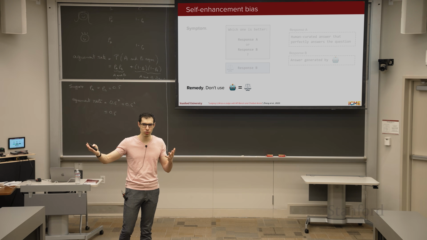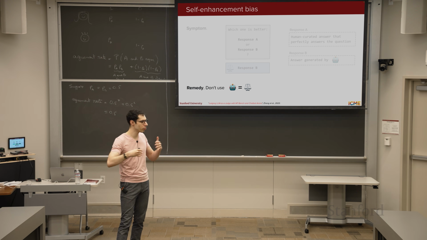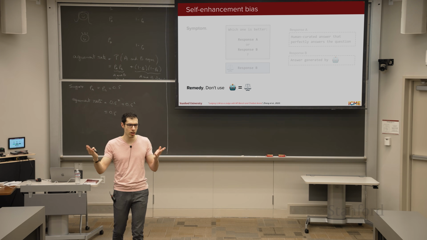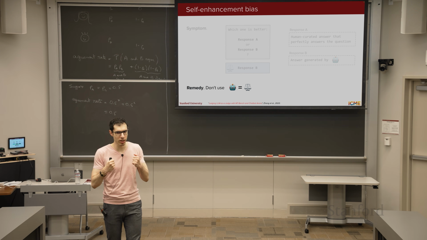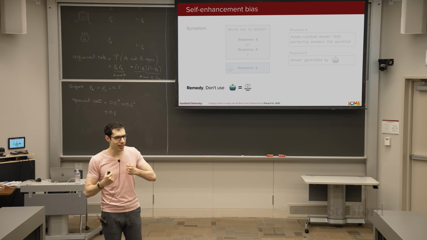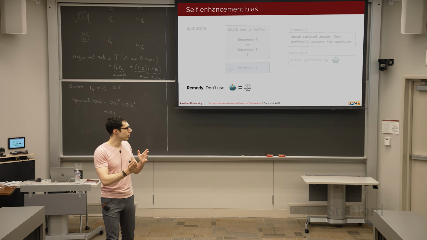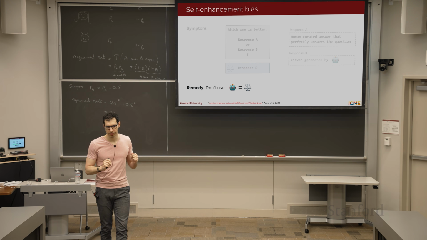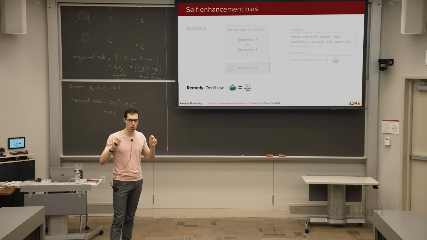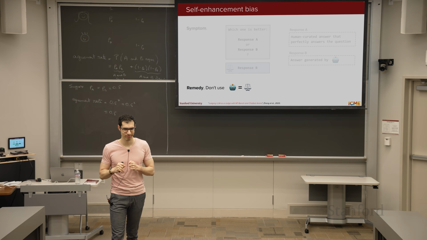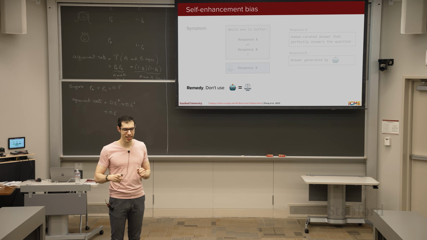You can argue they're all subject to the same training mixes and so on. Still, what people do is use another model to minimize such a risk. So long story short, try to not use the exact same model for generation and for evaluation. So this is self-enhancement bias.